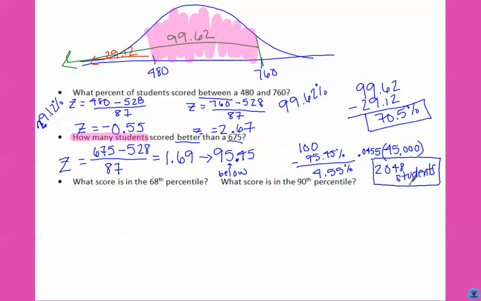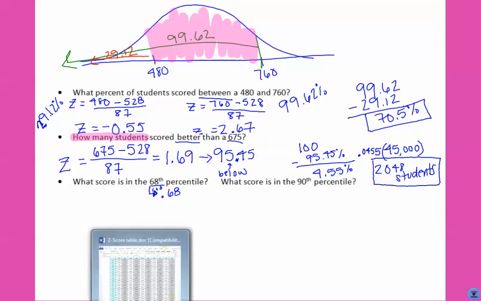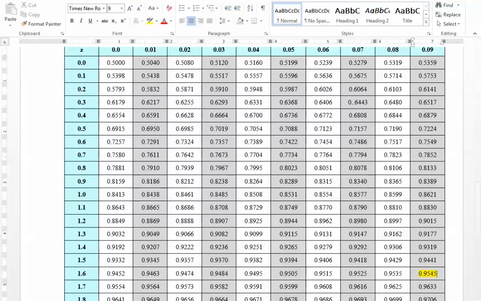For our last SAT examples, we're given the percentiles, which means we need to change them into decimals. If we divide this by 100, we get 0.68. That's the percent. If we look back at our chart, percents are on the inside. So somewhere inside this chart, it says approximately 0.68.